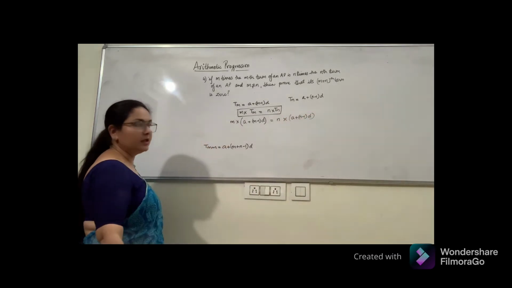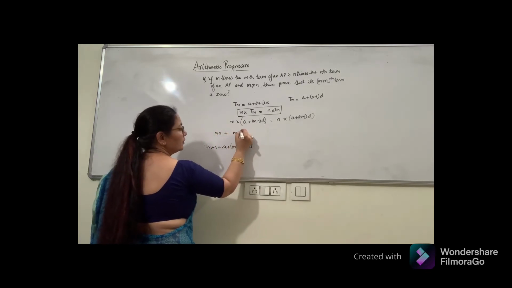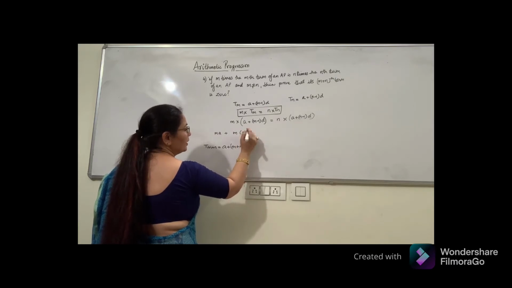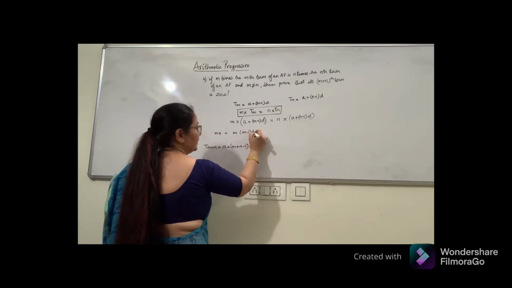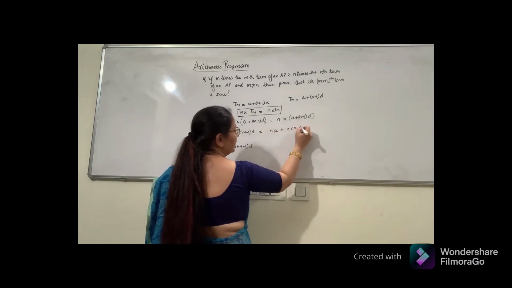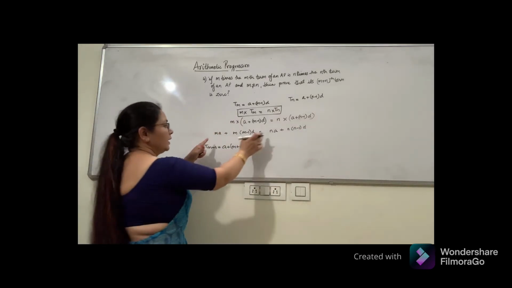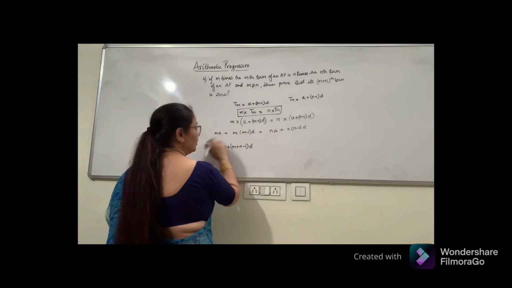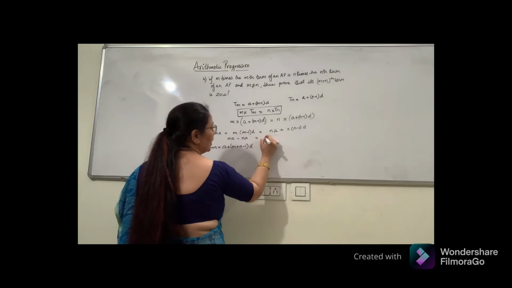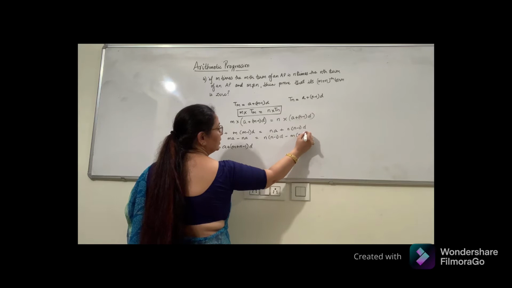Then multiplying, mA plus m, and I am purposely not multiplying m minus 1, I am not opening this bracket, into D. And then here nA plus n into (n minus 1)D. Now we will calculate this. Shifting both terms which contain A to one side, that gives us mA minus nA, and n(n minus 1)D minus m(m minus 1)D.